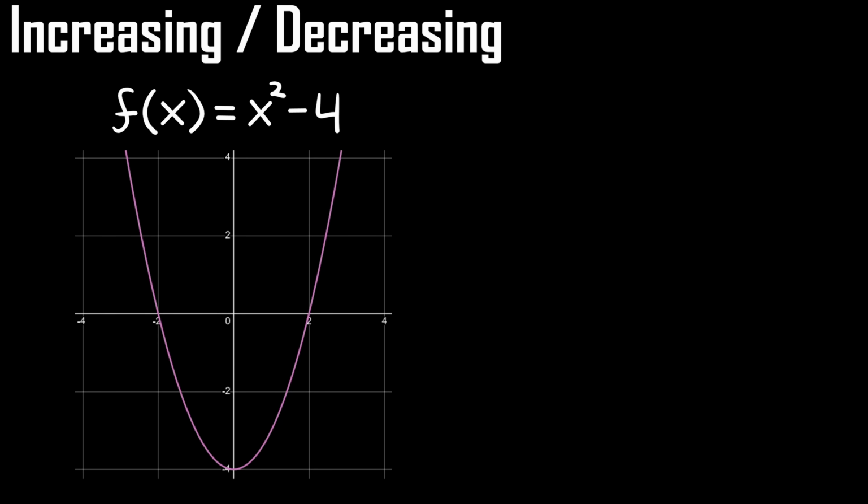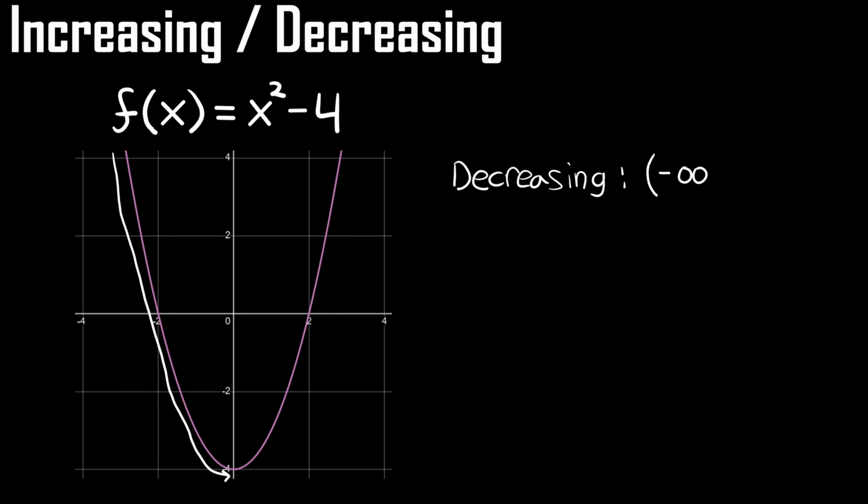We can tell that our function is increasing and decreasing just by looking at the graph. We can see that the function decreases all the way until it gets to x equals 0, the minimum of this graph. So it's decreasing from -infinity all the way to 0. So we're decreasing on the interval -infinity to 0.